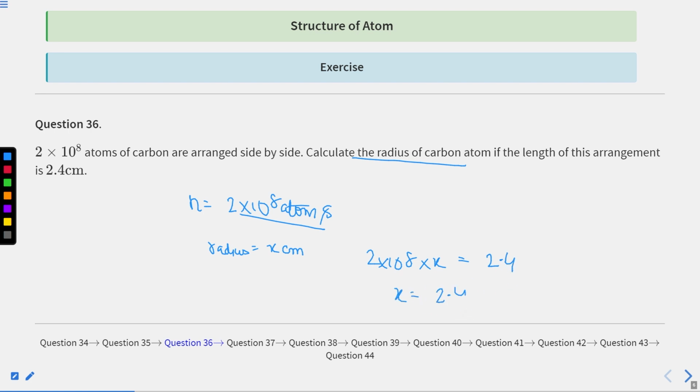Therefore we will get finally 1.2 into 10 to the power minus 8. This is in terms of centimeter; you can write it in terms of angstrom also. So we can write the radius of the carbon atom as 1.2 angstrom.